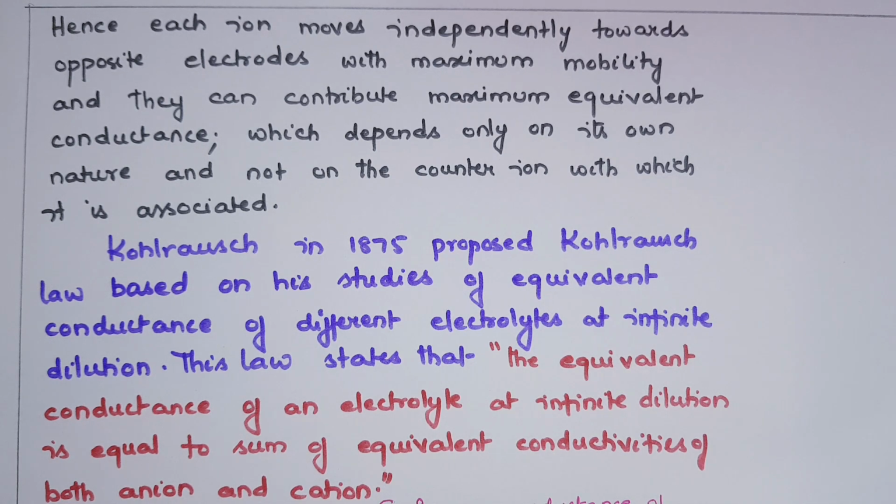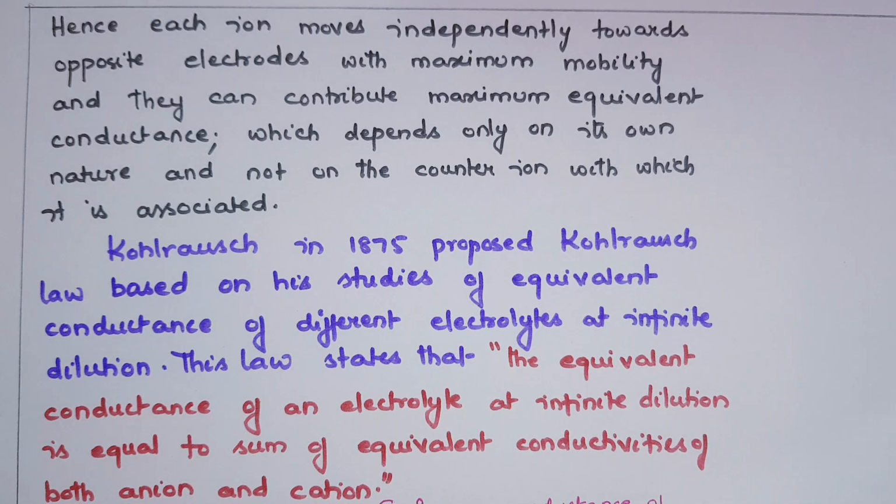So you might get a doubt, ma'am, where are the electrodes? Okay, this is under the influence of electric field. Now each ion moves independently towards opposite electrodes. How are they moving? With maximum speed, with maximum mobility, and they can contribute maximum equivalent conductance.